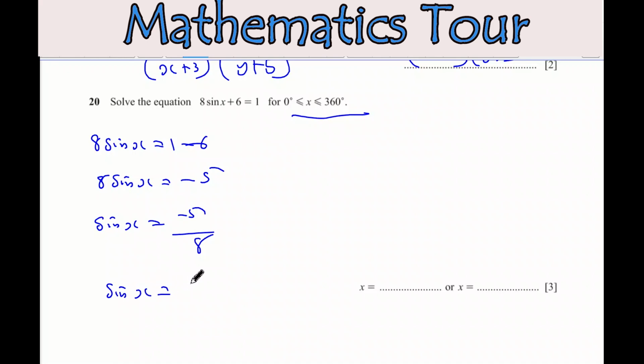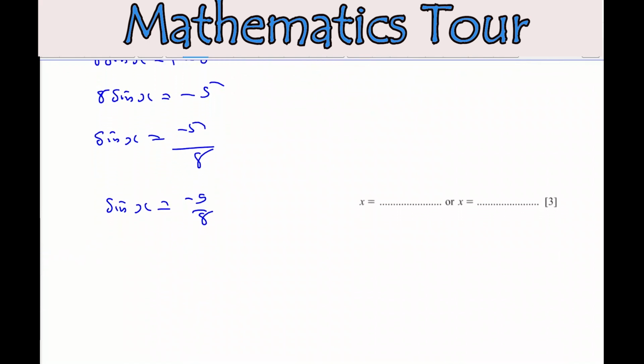Let's leave it as a fraction like that, negative 5 over 8. So I'll find sine inverse of both sides. So x equals sine inverse of negative 5 over 8.